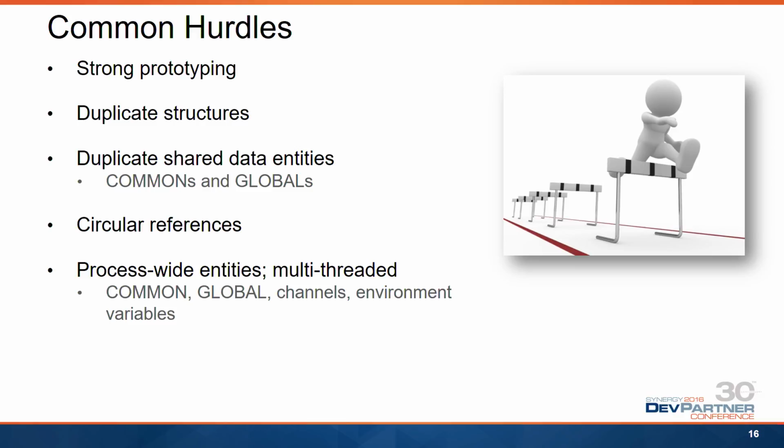Some of the areas that you tend to get into are some of the things that traditional Synergy allowed us to get away with, like having duplicate shared data entities. So two commons with the same name that really aren't the same thing. All of a sudden in the .NET world, that's going to start causing problems and require some work to address. Same with global data sections. Circular references between ELBs is another typical one.